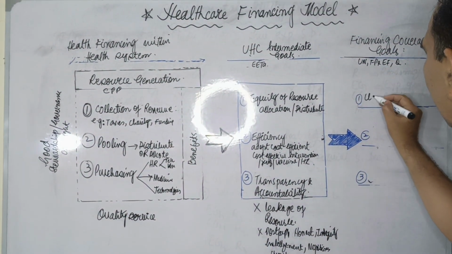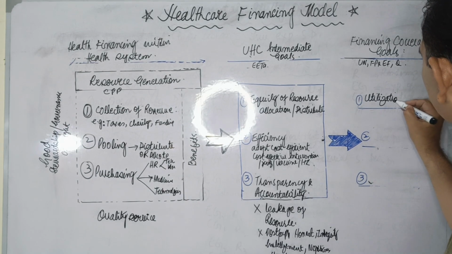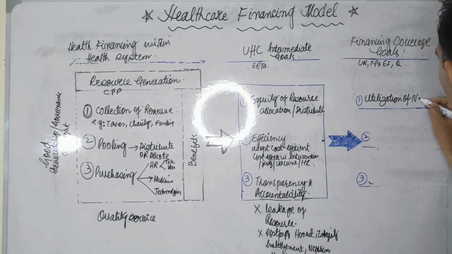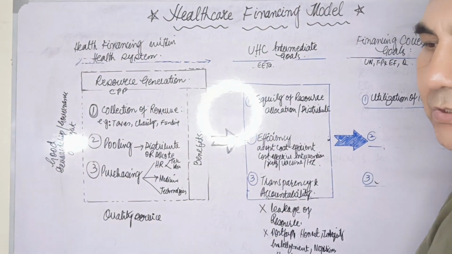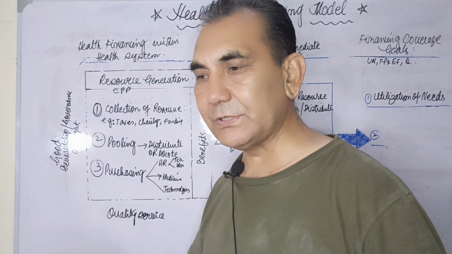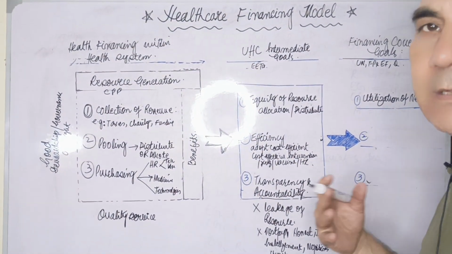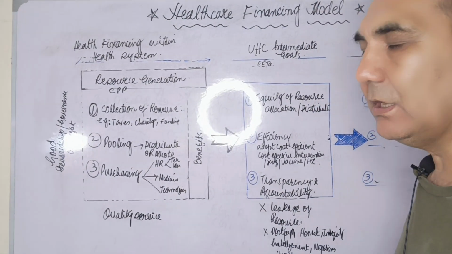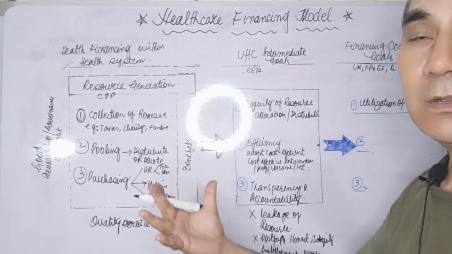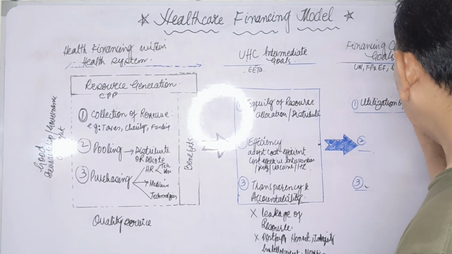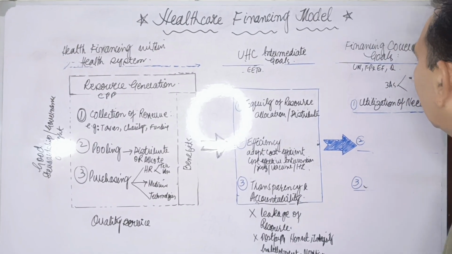UN is utilization of needs. It means the resources you have allocated for the needs of any community or people should be utilized by the community. How can utilization be increased?